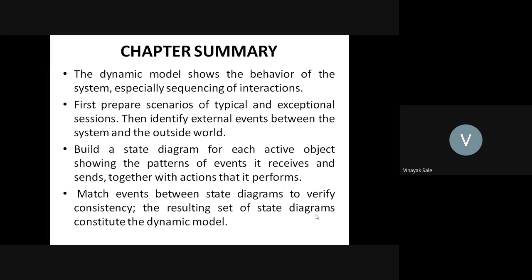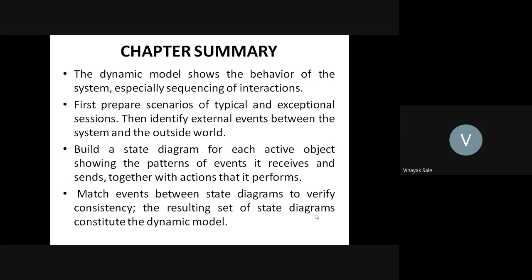Then the dynamic model shows the behavior of the system, especially sequencing of interactions. First, prepare scenarios of typical and exceptional situations. Then identify external events between the system and the outside world.